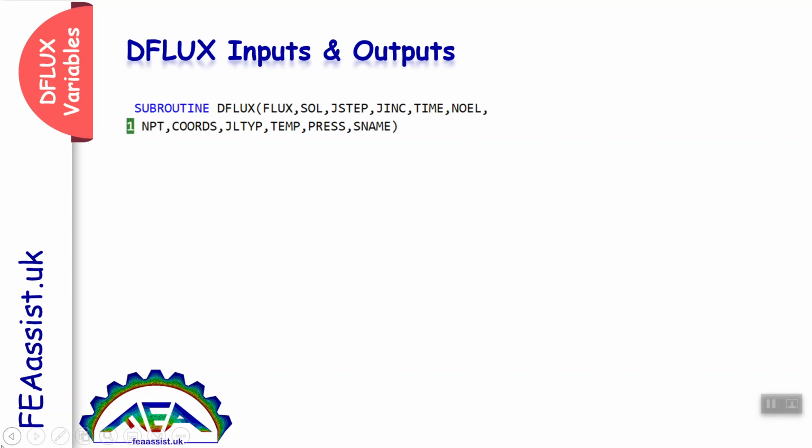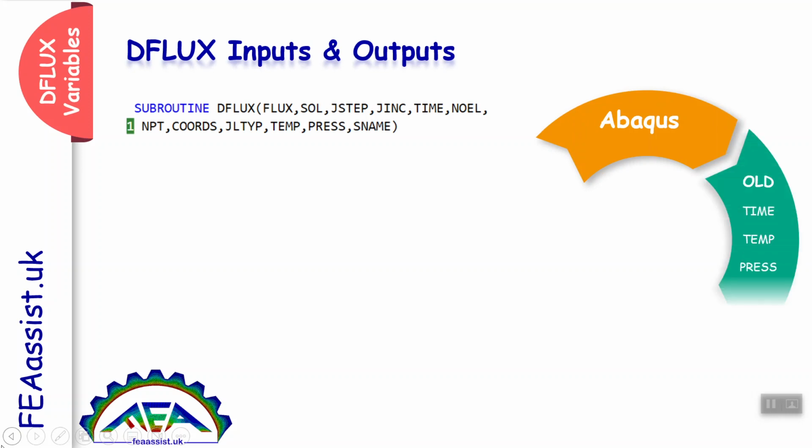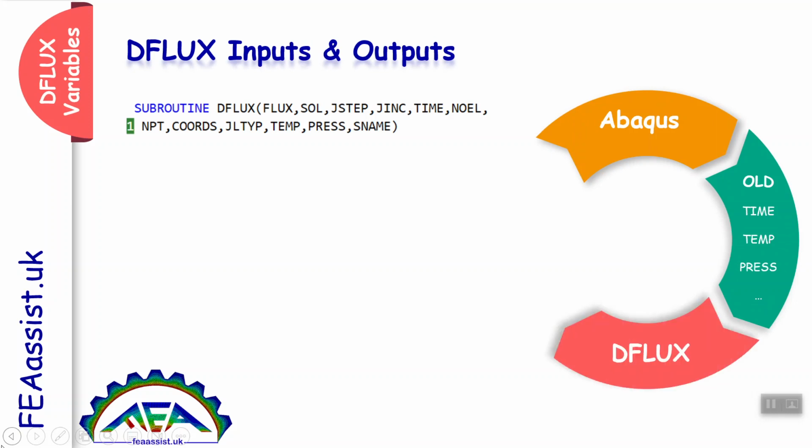Dflux variables. Dflux has some inputs. We need to process those inputs and export the results as outputs into Abaqus. In other words, Abaqus computes time, temperature, pressure, and other variables. We need to get these variables and write our fluxes, flux 1 and flux 2, and return them to Abaqus.